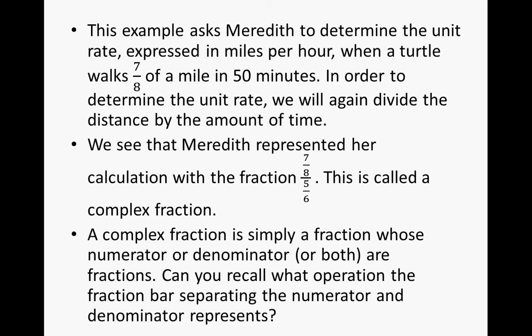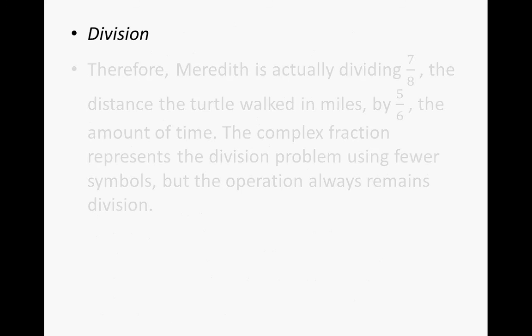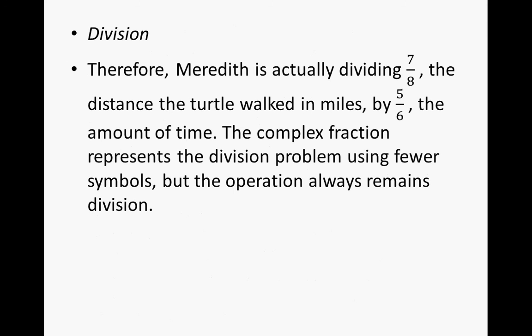Can you recall what operation the fraction bar separating the numerator and denominator represents? Well, that would be division. So therefore, Meredith is actually dividing 7/8, the distance the turtle walked in miles, by 5/6, the amount of time. The complex fraction represents the division problem using fewer symbols, but the operation always remains division.